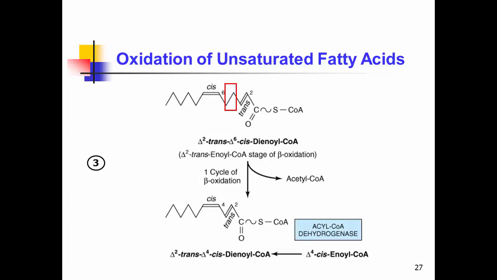This will be the last product when the double bond is there. The oxidation stops when it finds a double bond. They cannot cleave the 2 carbon unit once the double bond is there, right?